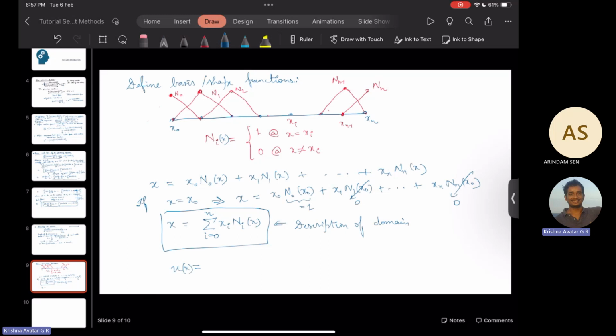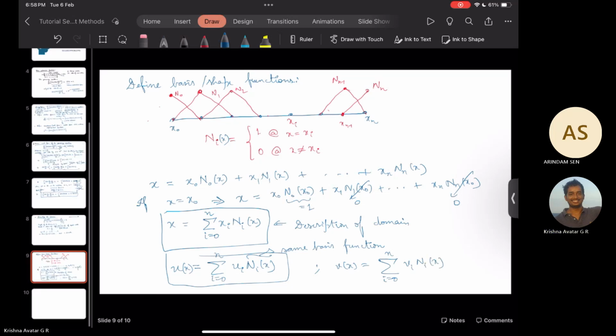So u of x is defined as summation from i equal to 0 to n of ui Ni of x, where ui are the values of u at the ith node. So we use the same basis functions. This is the beauty of this method, that we use the same basis, and likewise for v, it is also summation from i equal to 0 to n of vi Ni of x, right?